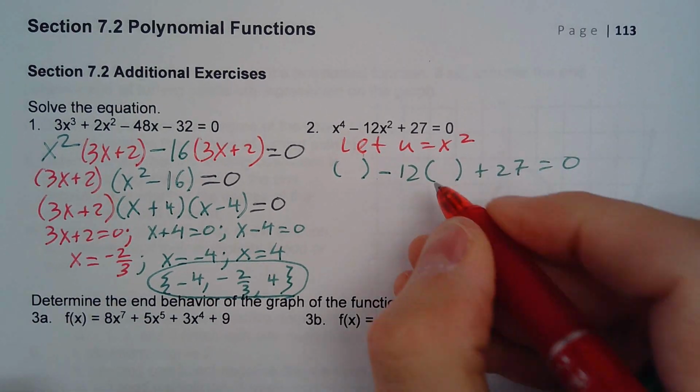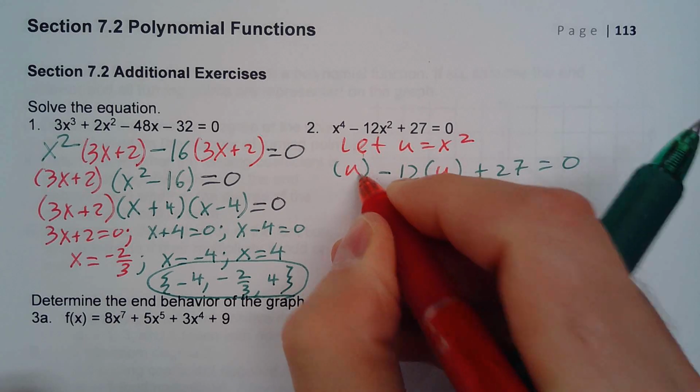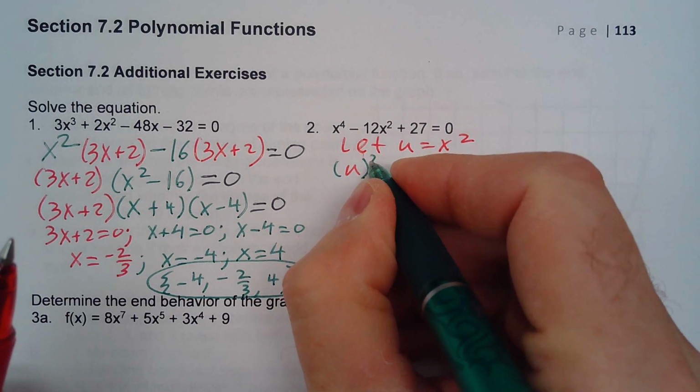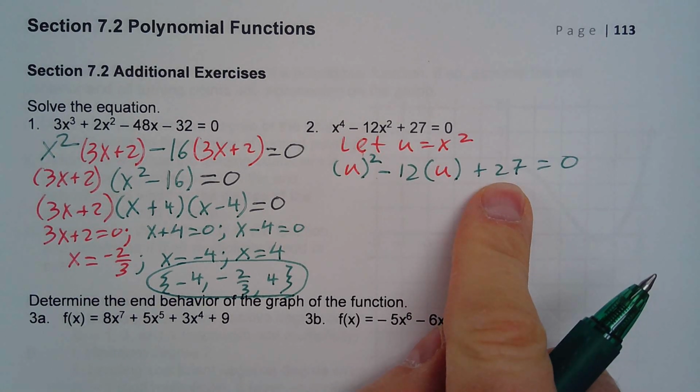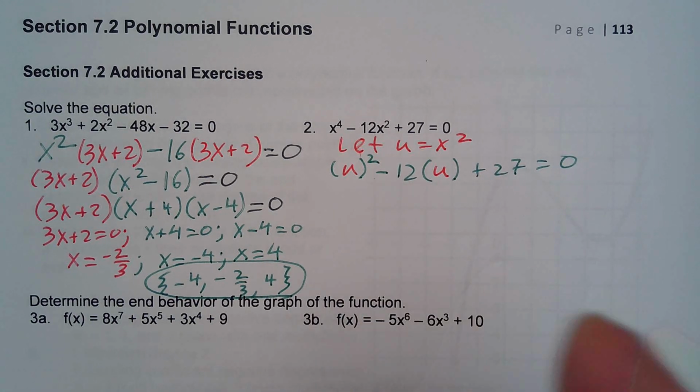So this would be u here and u squared here. So I want to look for factors of 27 that add up to negative 12. Well, they both have to have the same sign, but both of them will be negative.